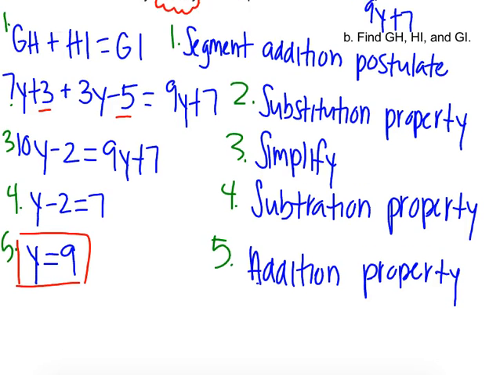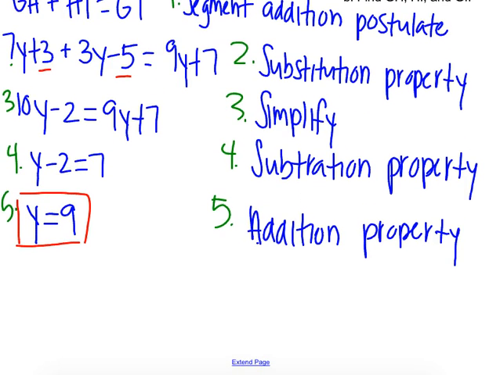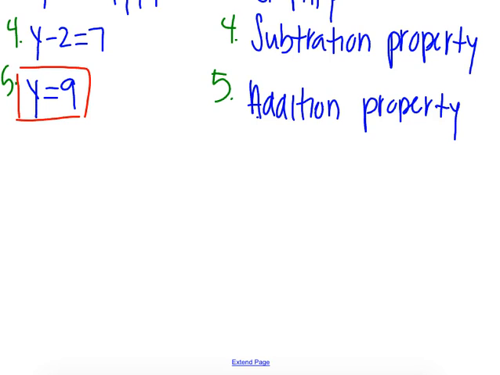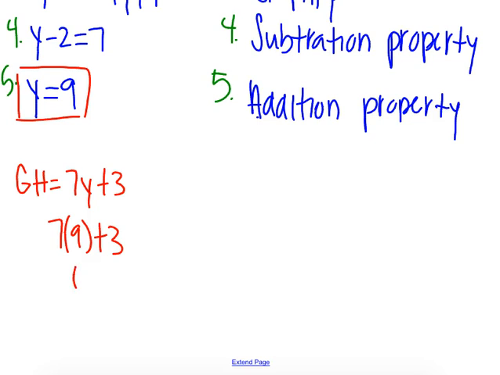Okay, now back to GH, HI, and GI. So I know that GH equals 7y plus 3. Now I'm going to plug in 9 for y. So 7 times 9 plus 3, and then I get 66 there because 7 times 9 is 63 plus 3 is 66.